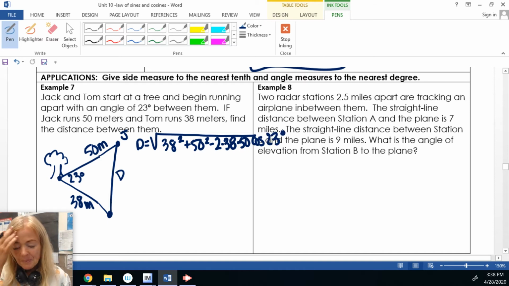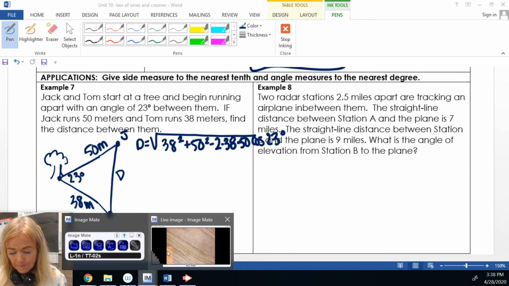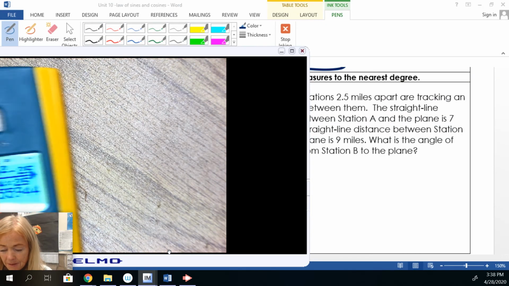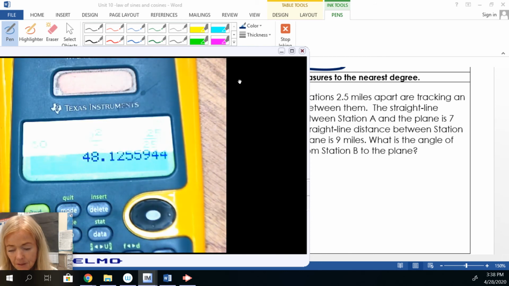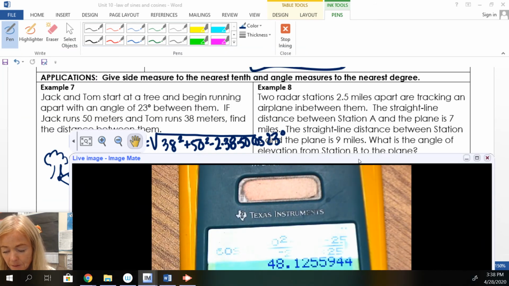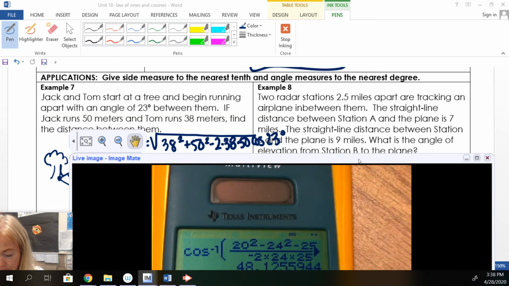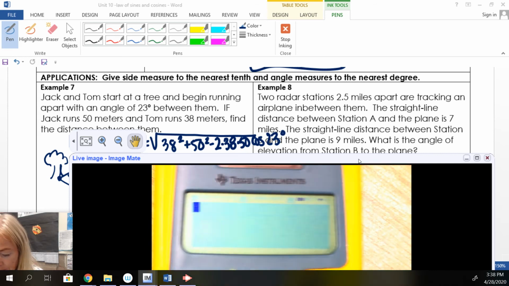All right, so in the calculator, let's move it so it doesn't cover it up. Okay, so I'm going to clear everything out.